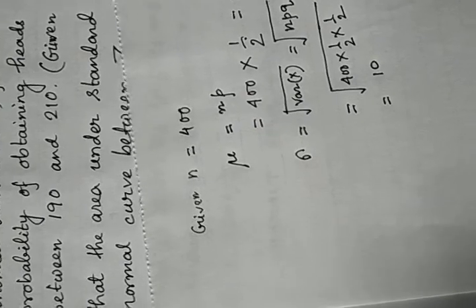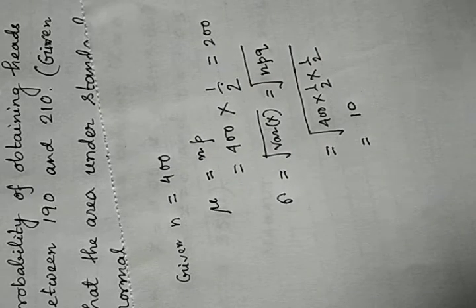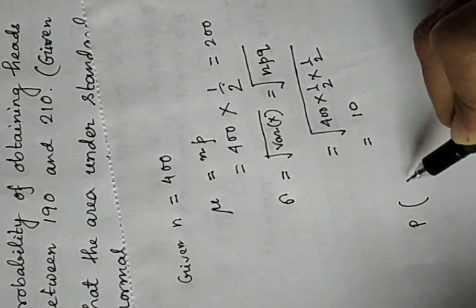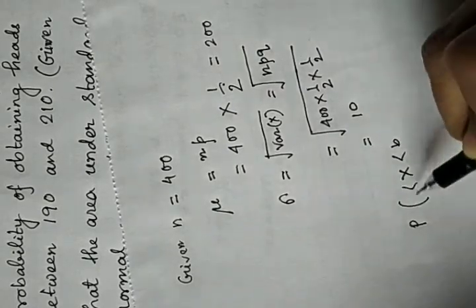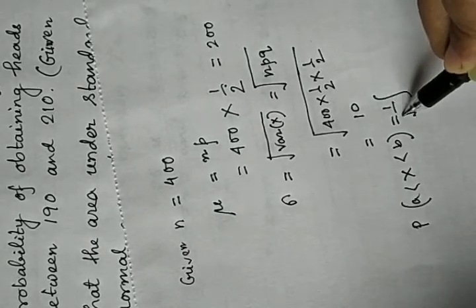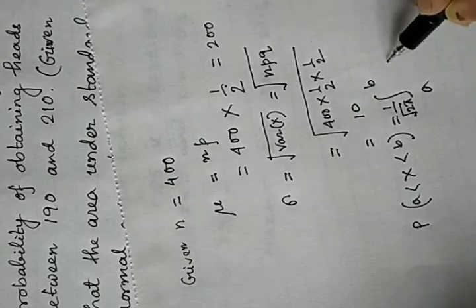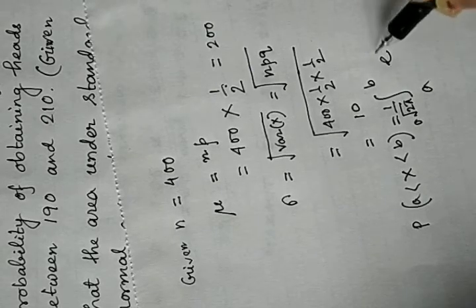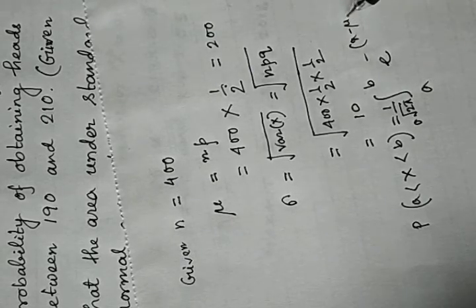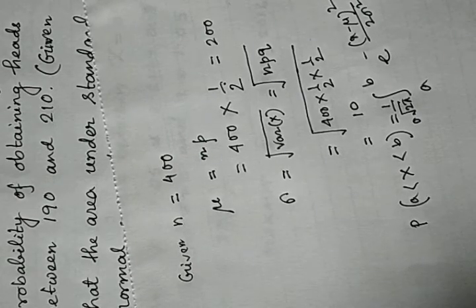In the last video, we have seen that the probability of getting x between a and b is 1 by root 2 pi sigma, integral from a to b of e power minus (x minus mu) whole square by 2 sigma square dx.